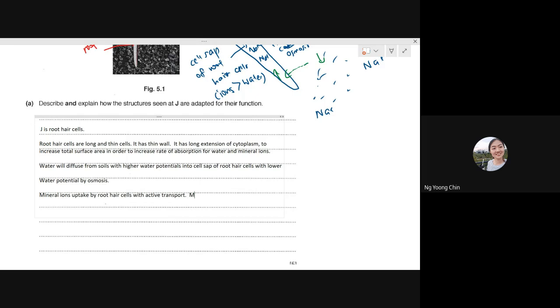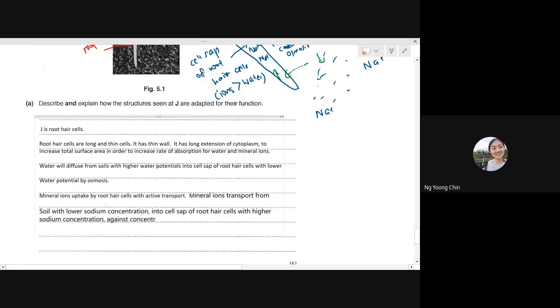Then you can continue to describe that mineral ions will be transported from soil with low sodium concentration into the cell sap of the root hair cell with higher concentration. So from low to high, that means it's against the concentration gradient.